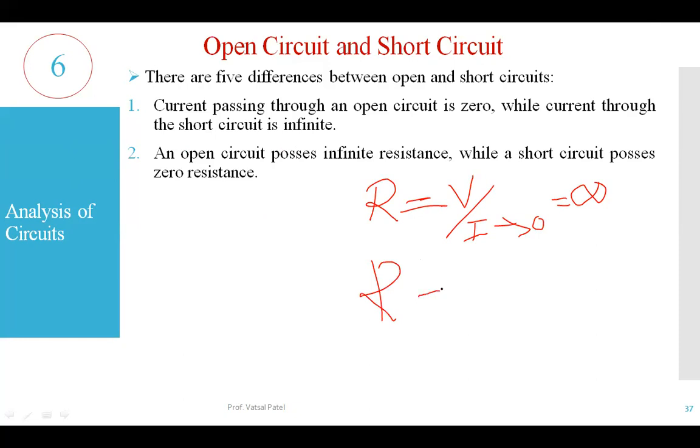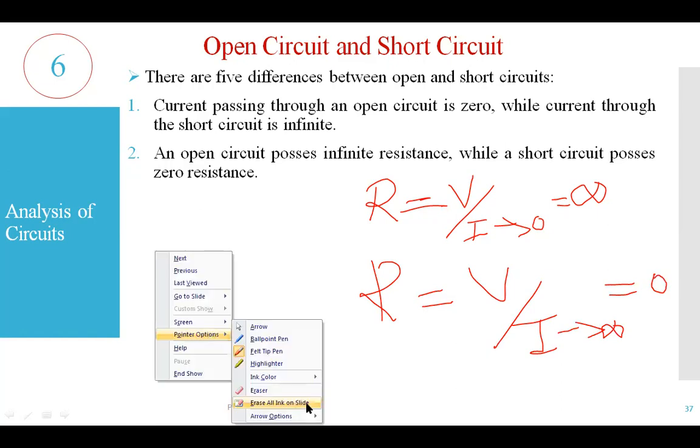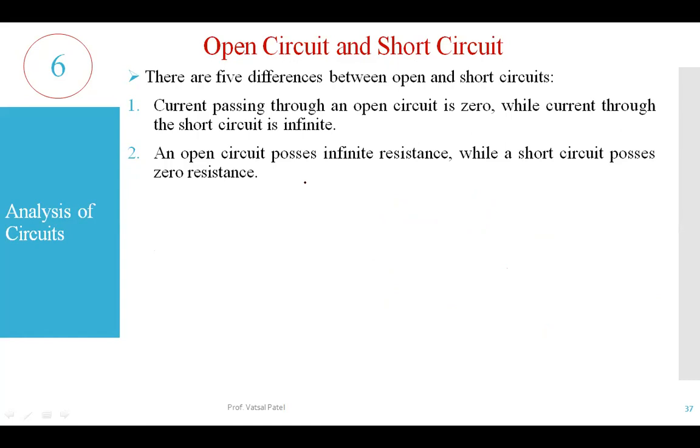And if you consider the short circuit, that I will be the maximum or infinite, then your R will be equal to zero. Understood? This is what we discussed in the last session for the DC circuit, the same unit we are discussing right now.